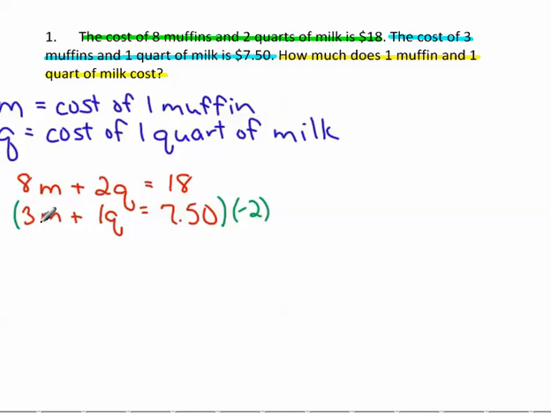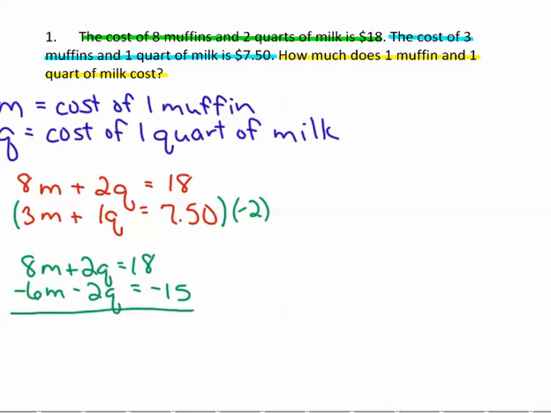So in the process of doing this, I'm going to go ahead and rewrite my first equation. So I have my 8m plus the 2q equals 18. And then when I multiply -2 by that second equation, I wind up with -6m minus 2q equals -15. And now since I have the opposite coefficients on q, I can combine those 2 equations.